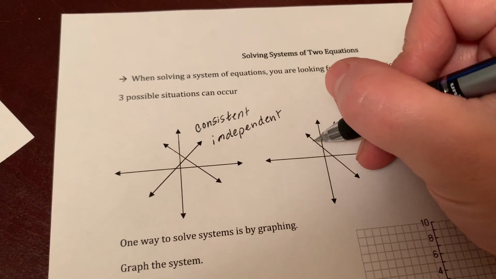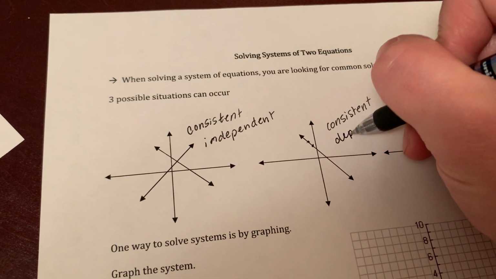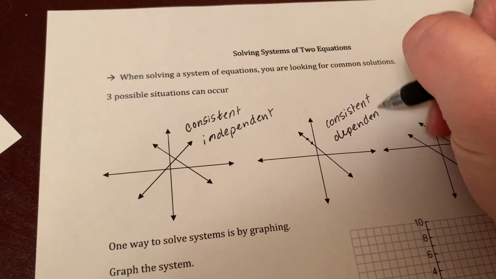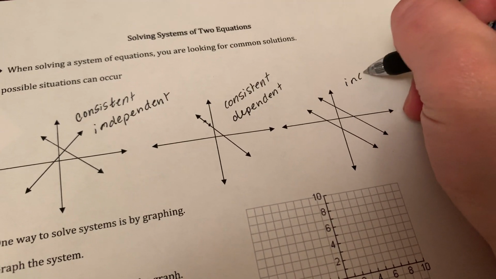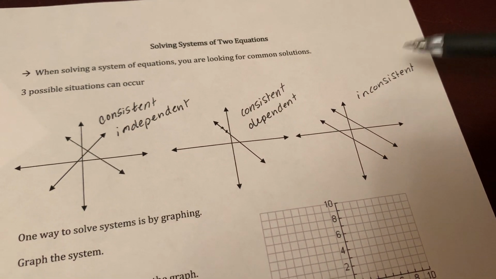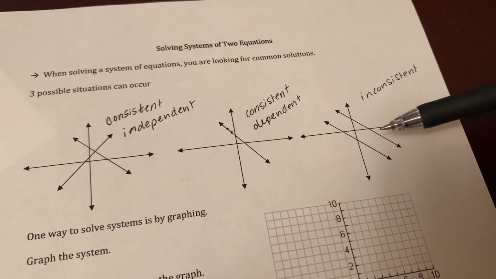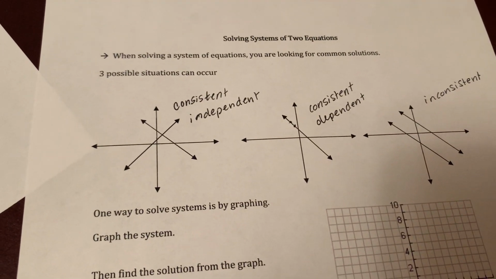Or if they have many answers, like here there's many, many coordinates, we'd say consistent dependent. And then if you don't have an answer, you're inconsistent. There wouldn't be a dependent or independent because it's not classifying the actual answer because there is none. So those are your three situations.